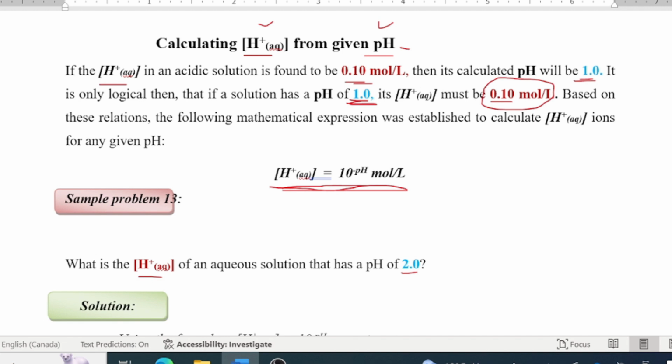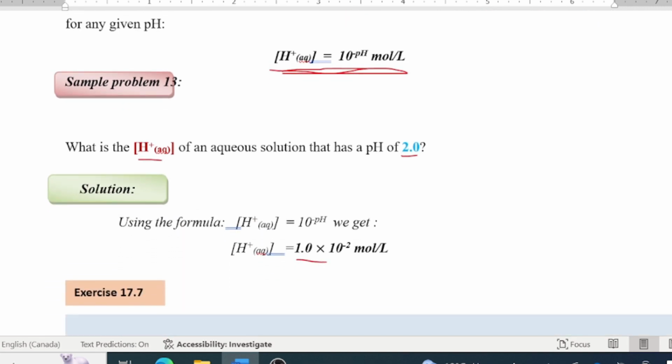See, whatever the pH is, make it a negative exponent. So if pH is 2, it becomes negative 2. So it's 1 times 10 to the negative 2 mole per liter of hydrogen.